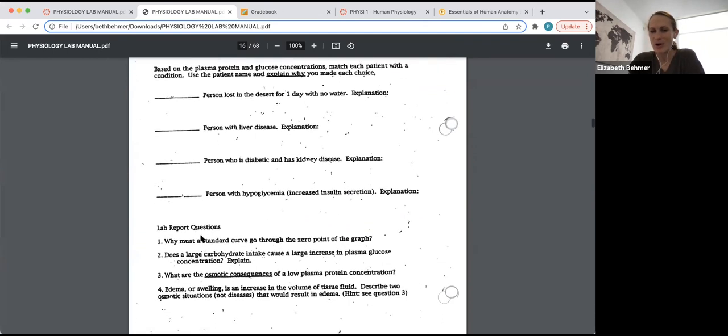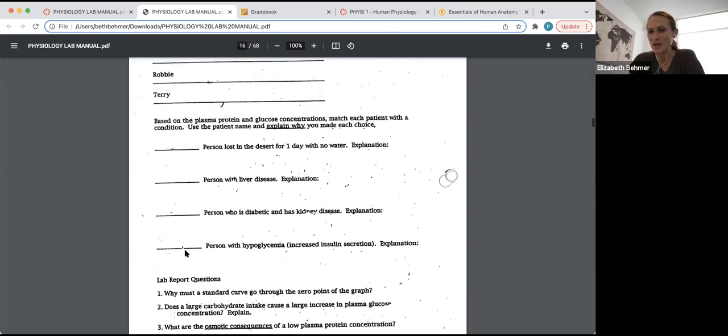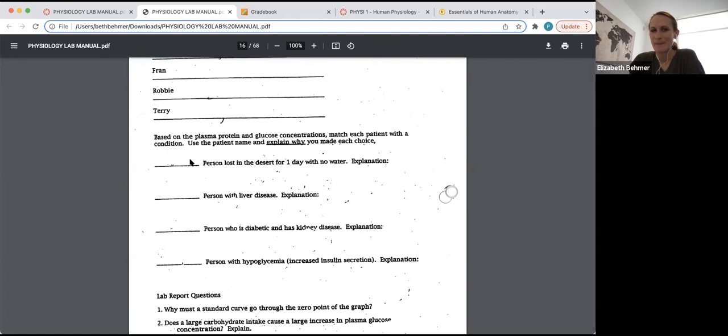And then for the lab report questions, answer questions 1 to 4 as best you can. We didn't talk a lot about osmotic consequences, but answer them the best you can. I'm really going to be focusing on whether you can match up the patient data, based on their concentration levels of protein and glucose, with which person has a specific problem. So hopefully that helped a little bit.